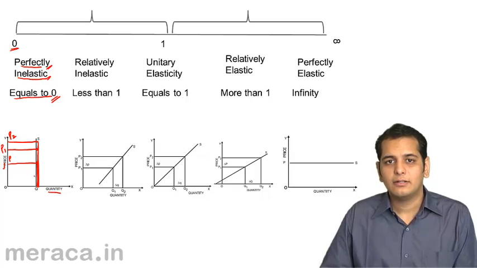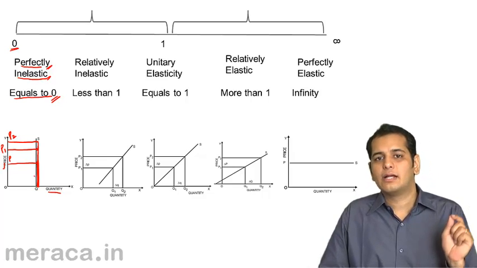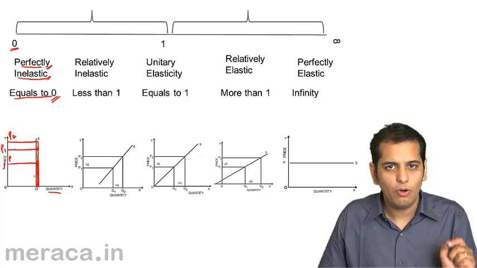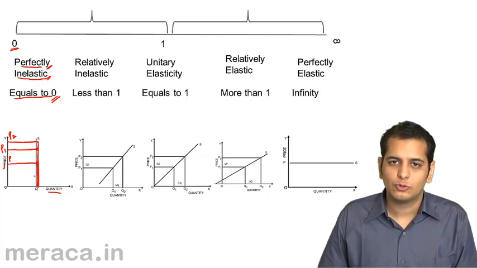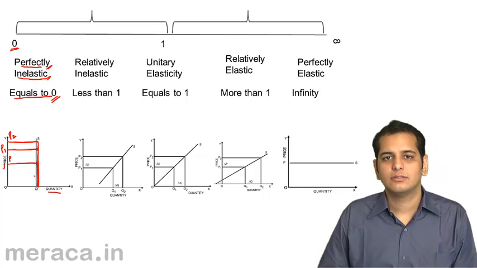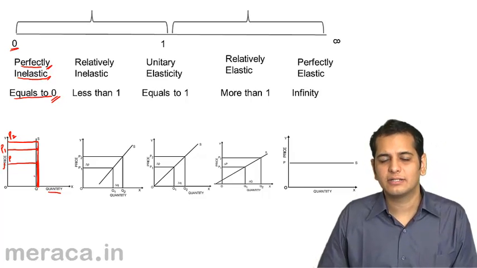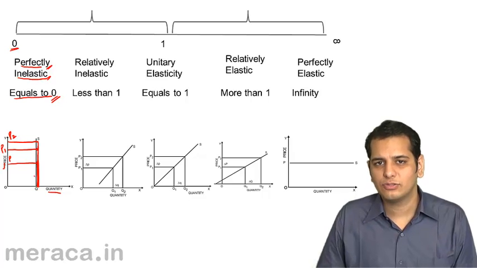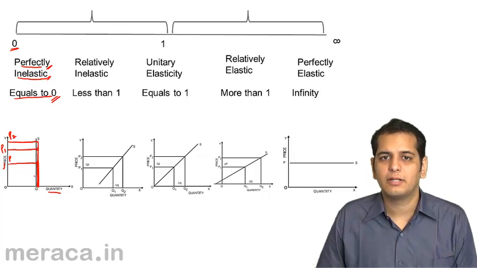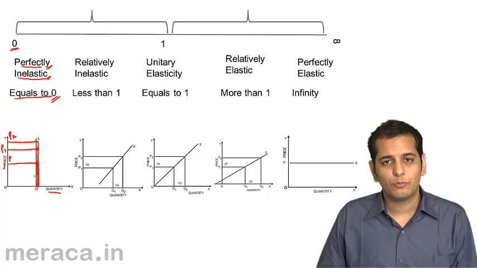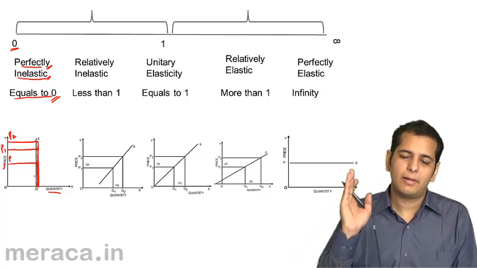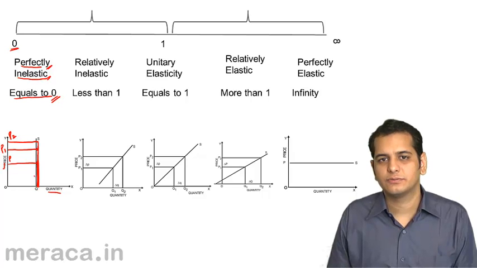Also remember that a perfectly inelastic demand curve is also parallel to the y-axis. So in the case of perfectly inelastic demand and perfectly inelastic supply, the curves for both of them are parallel to the y-axis.